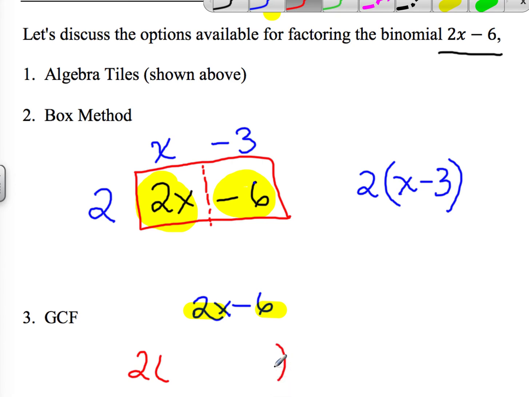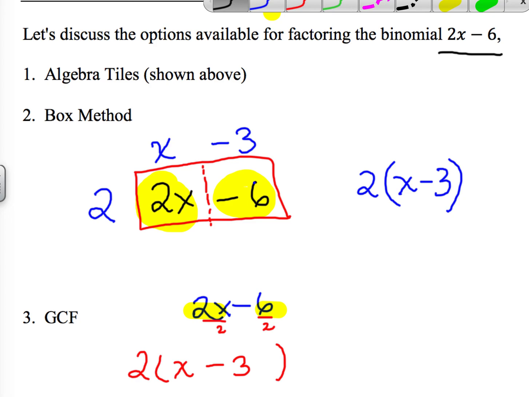So I can divide every term by that GCF, or 2. So 2x divided by 2 is x, and negative 6 divided by 2 is negative 3. So there are 3 different methods that you get to choose for finding your greatest common factor and factoring an expression.